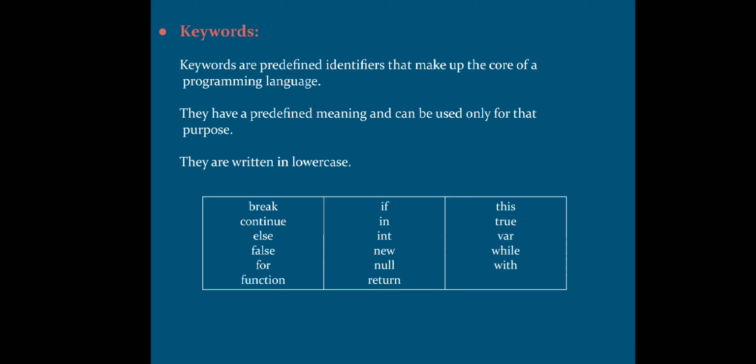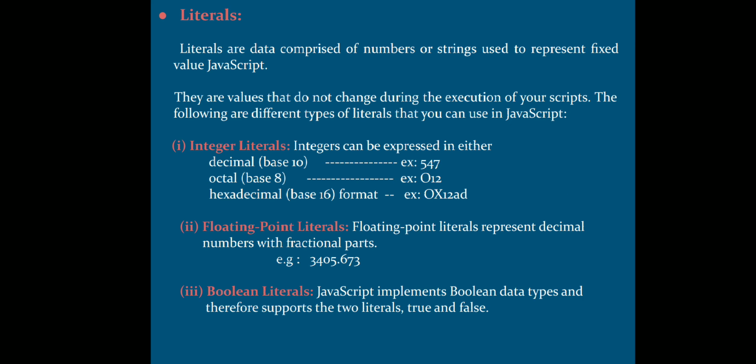Keywords are used only for that specific purpose. They are not used for any other thing. And you can't give a keyword as a name to a program element. That is, you can't give keywords as identifiers. The third token is literals. A literal is nothing but a constant.